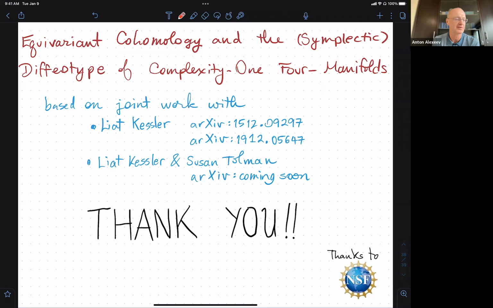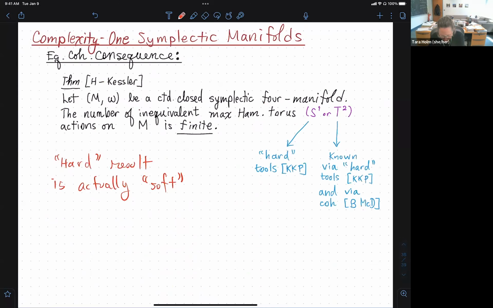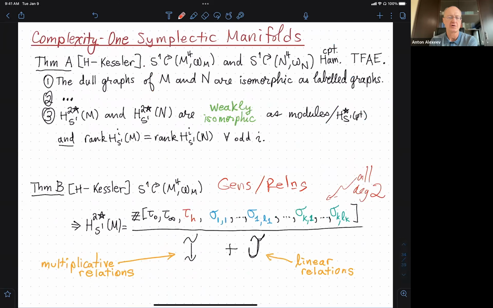I already had some questions, but I have at least one more somewhat technical question. I got a little bit confused. You briefly showed us those generators and relations, and then you said that all generators are of degree 2.